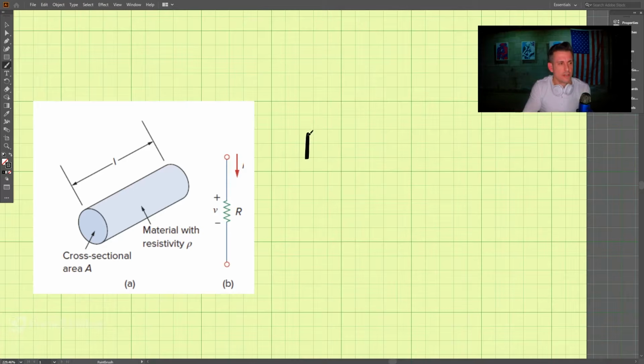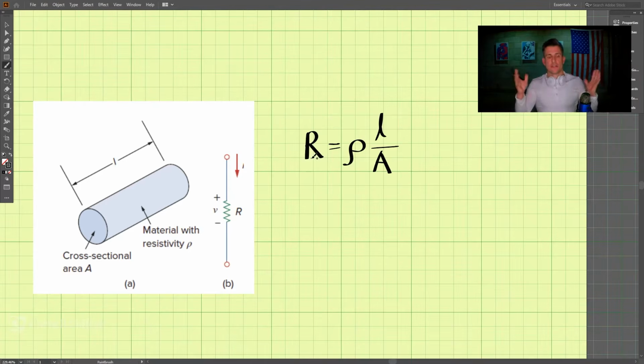And so the resistance R is equal to this material property, the Greek letter rho, times L over A. So big resistances stop a lot of flow of current. Small resistance lets current go by quickly.